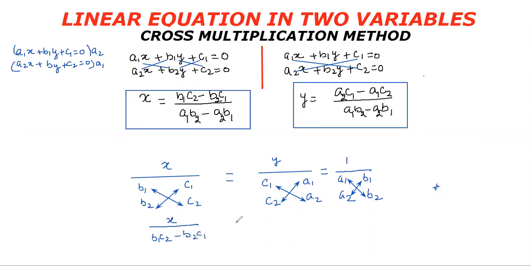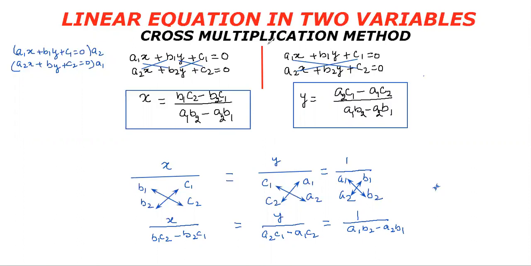Then an equal to sign, then y, and then in the denominator c1 a2, or you may write a2 c1. Always write in alphabetical order. It will be easy for you to remember. Then it will be a1 c2, and in the denominator it will be a1 b2 minus a2 b1.